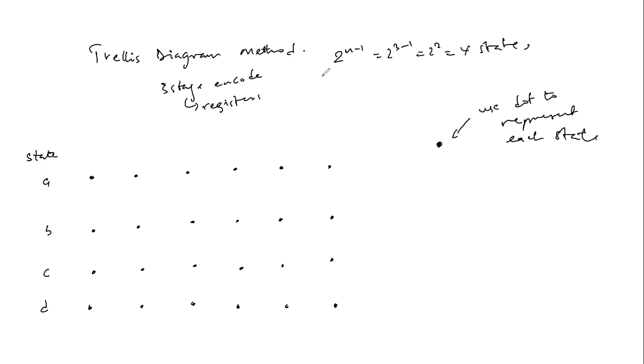We already know that A can go to two states, A and B, then B to C and D, then C to A and B, and D to C and D. So it means that we can move from state A to state A, or from state A to state B.